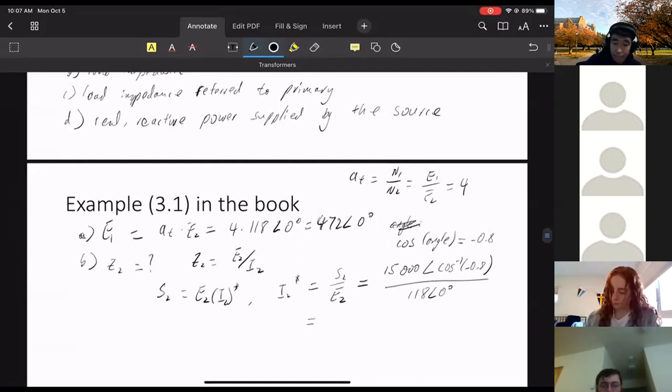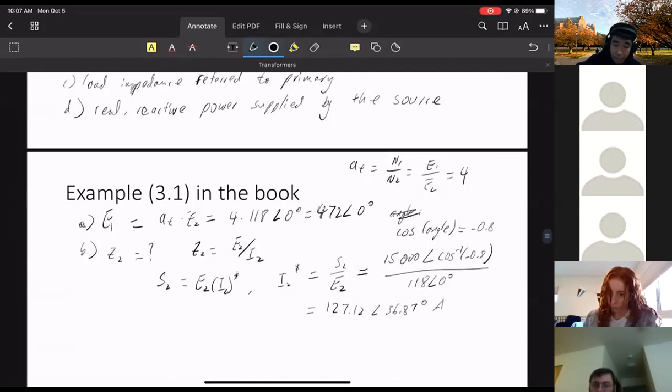So what we have is I2 conjugate, which is 127.12, angle 36.87 degrees amps. This is the conjugate value, so take off the conjugate. I have I2, same magnitude, minus 36.87 degrees.